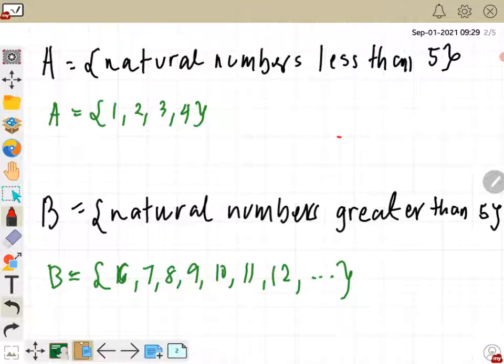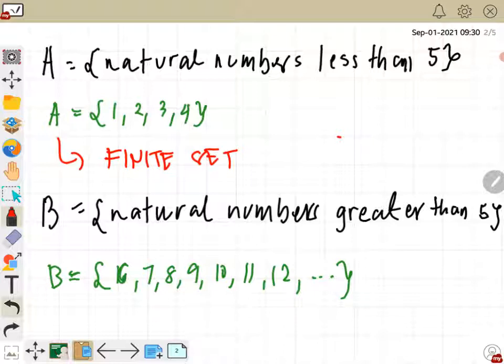So set A is an example of a finite set. So when you say finite set, these are sets with a finite number of elements. The elements are countable.